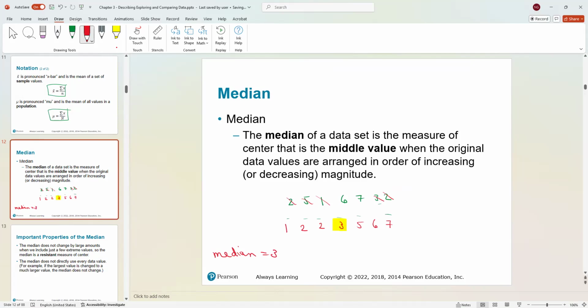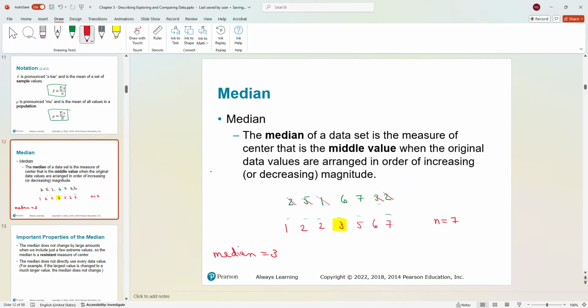If the data set is not ordered from the smallest to the largest, you need to order it first. And let's suppose we have a data set with an even number of data, because here the number of data in that data set is 7, so we take exactly the one in the middle.